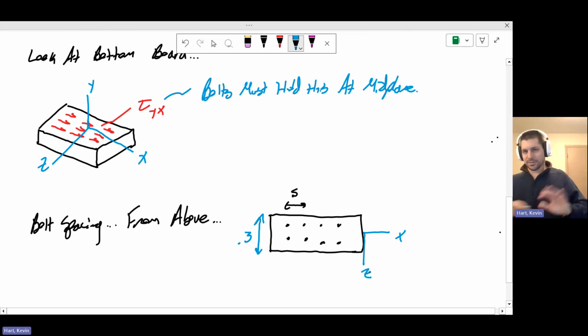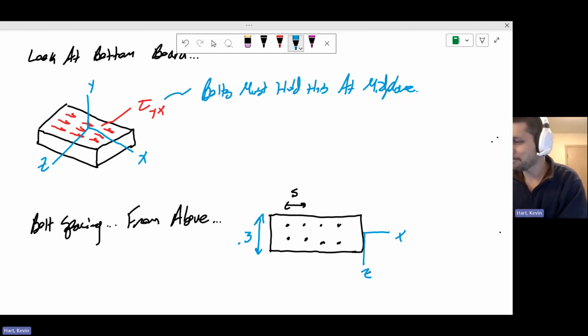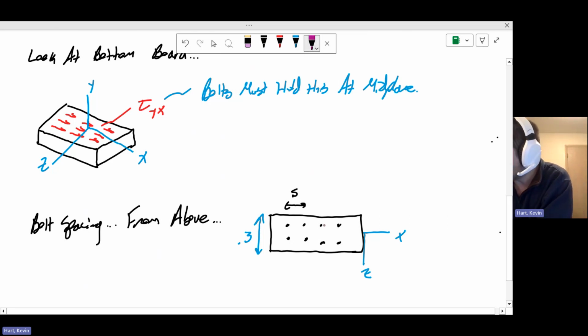Now, those bolts need to hold that shear stress between those two boards. And it's going to do that by protecting a certain area associated with each of the two bolts. Now, what do I mean by that? Well, each of these pairs of bolts is kind of responsible for a particular area of the cross section.